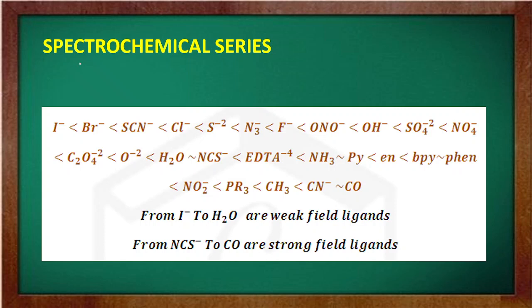What field strength is, you will know when we start the application of valence bond theory. But at the moment just keep in mind that this is the arrangement of the ligands on the basis of their field strength, in increasing order, where iodine is the least one and carbonyl is the highest one.